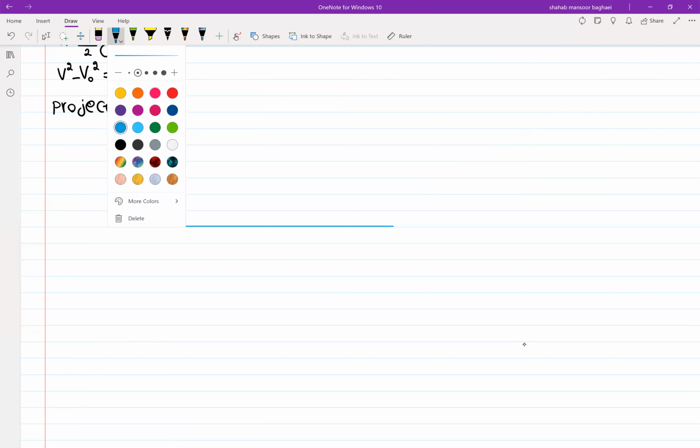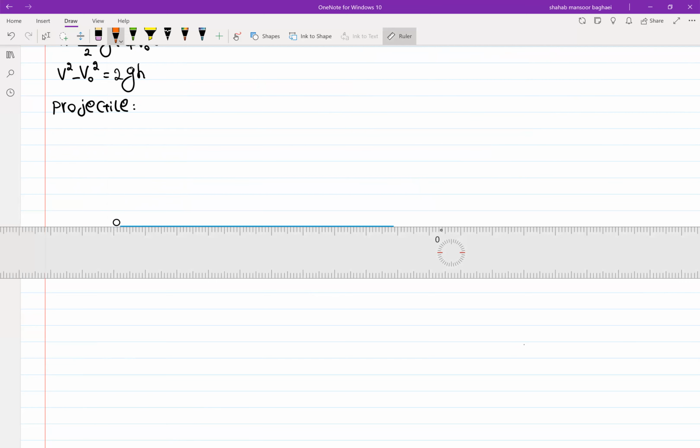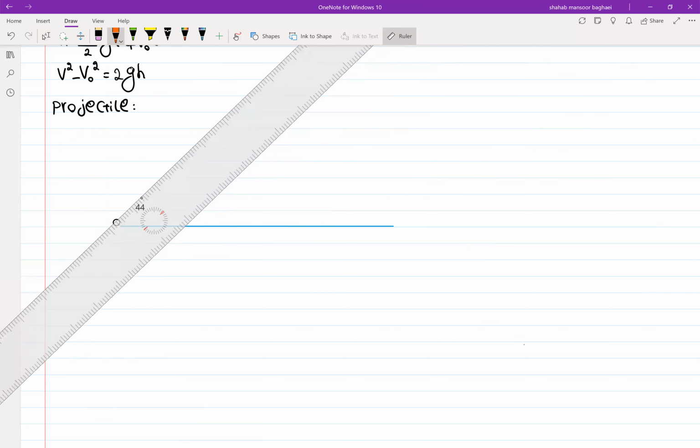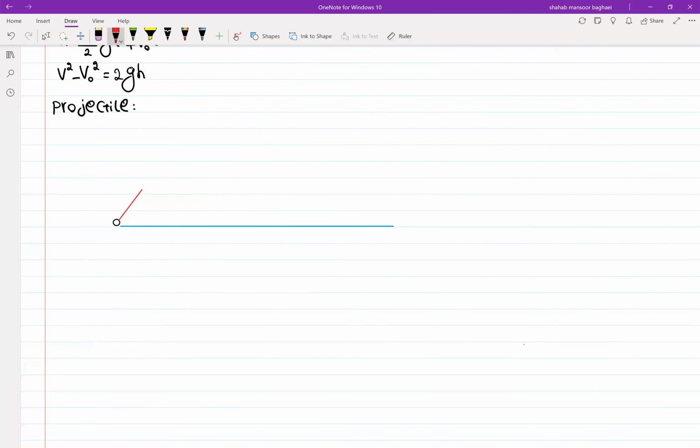If you want to shoot this particle with initial velocity and an angle with respect to the horizontal line, imagine it's here. This is your initial velocity, v0, and you have an angle here, this one, this angle.